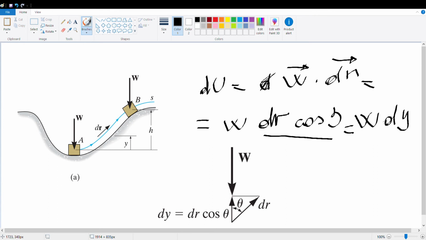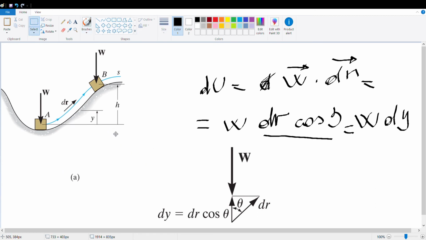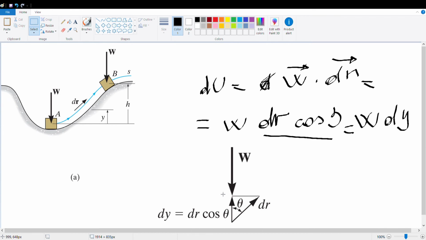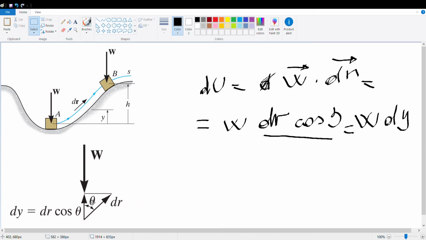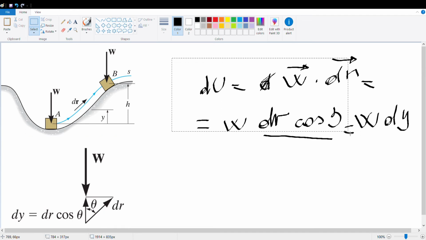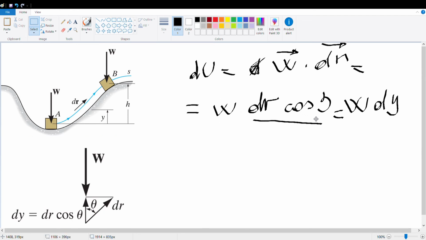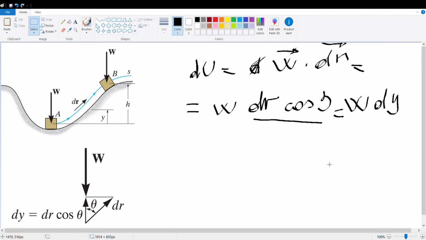Okay, so the total work, because this is the differential work, is going to be, let me move a few things around, so we keep this here, we can keep the triangle for now. The total work is going to be the integral of all the differential work.